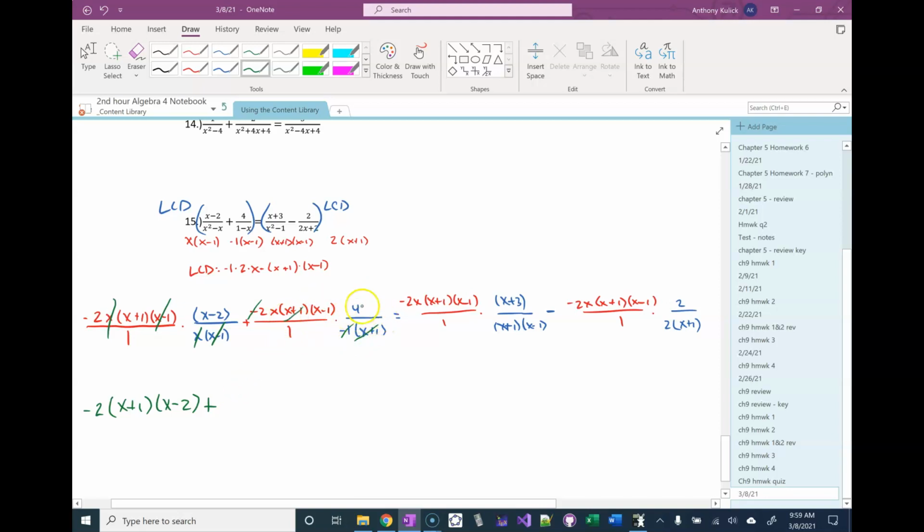And then I have 2 and the x plus 1, leaving me with minus, that's the subtraction, and then a negative 2x minus 1. So really, let's just make that a plus, since it was minus and negative.